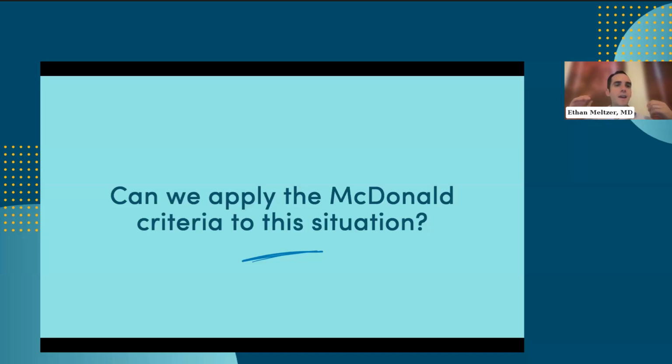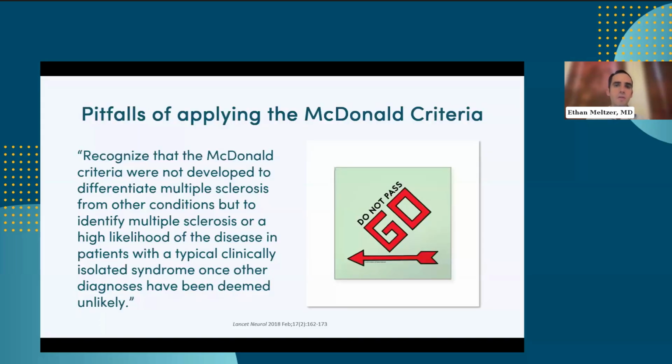So can we apply the McDonald criteria to this situation? Is this something that we should be doing? I think there are some pitfalls here, and I include a quote from Lancet Neurology. This was the 2017 criteria, though now there will be the 2024 criteria. The key is that this was not developed as a tool to distinguish MS from other conditions.